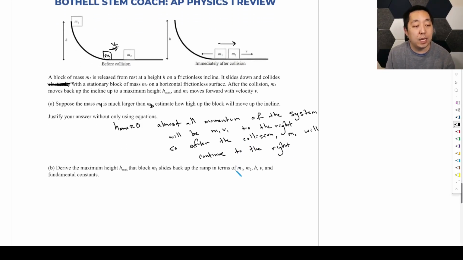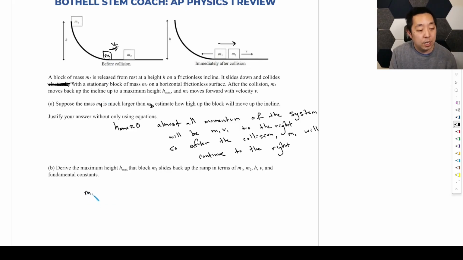Okay, let's derive the maximum height it will go in terms of this one here. When we're sliding down the ramp, we're going to do conservation of energy, because the system is the block and the earth. In the block and earth system, there are no external forces doing work. The only external force is the normal force, but it's perpendicular to the displacement. So we do conservation of energy to find the speed before the collision. During the collision, we might lose some energy, which is why we can only go down to before the collision.